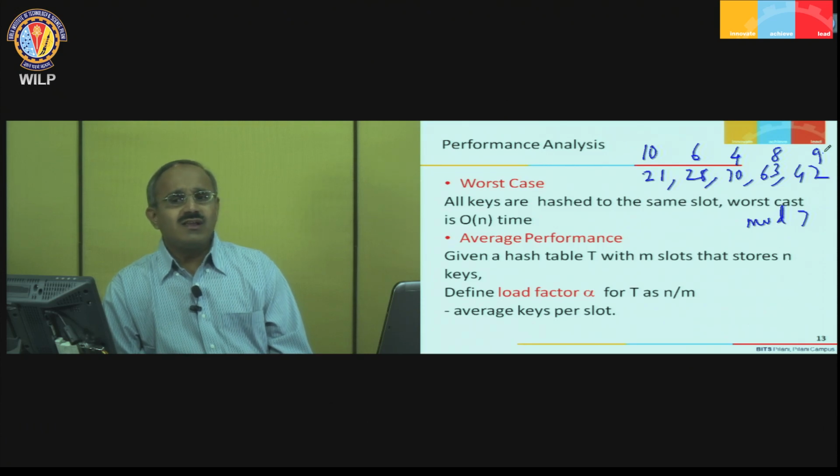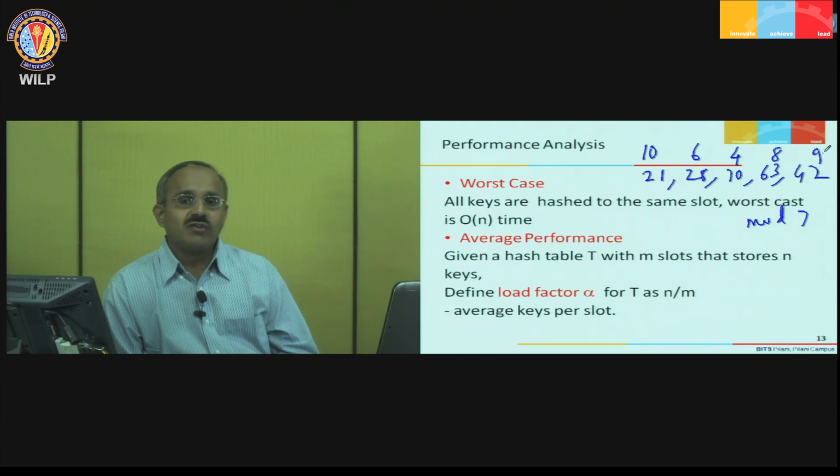So, the worst case, we know, in practice is not going to occur quite often. So, what we look at is the average performance. The best case we have already seen. The best case is when you have an ideal hash function, or what are called direct address tables. In that case, we know all operations are going to take constant time.